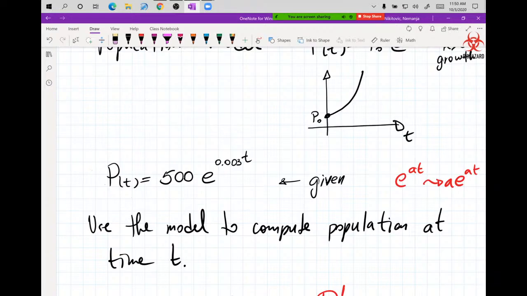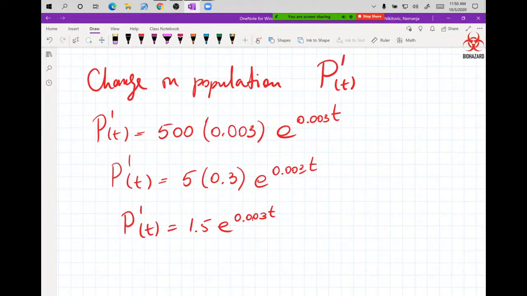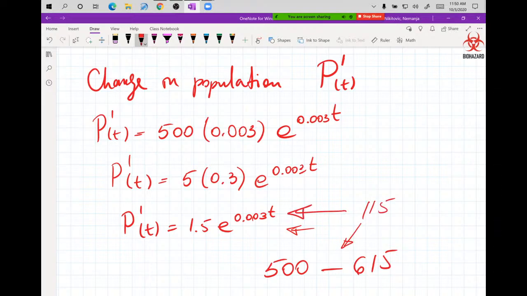You can go also and count it. Calculus is going to tell you that when we say we added extra 115 rabbits, that's a change in population from 500 to 615. This 115 rabbits came from here.